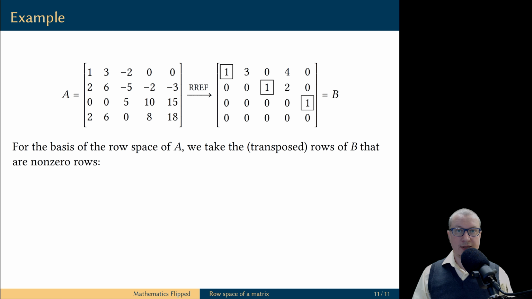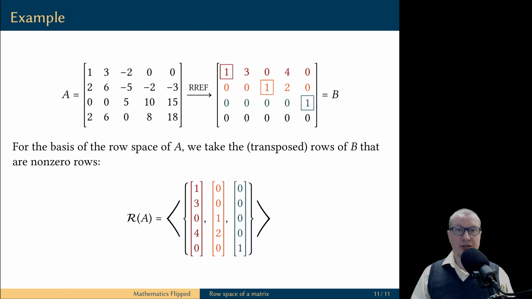For the row space, we look only at the reduced matrix, and we identify the non-zero rows. There are 3 non-zero rows in this matrix, and the row space of the matrix A is spanned by the transposes of these rows. In other words, we write these row vectors as column vectors from the reduced matrix, and this is a basis of the row space of A.